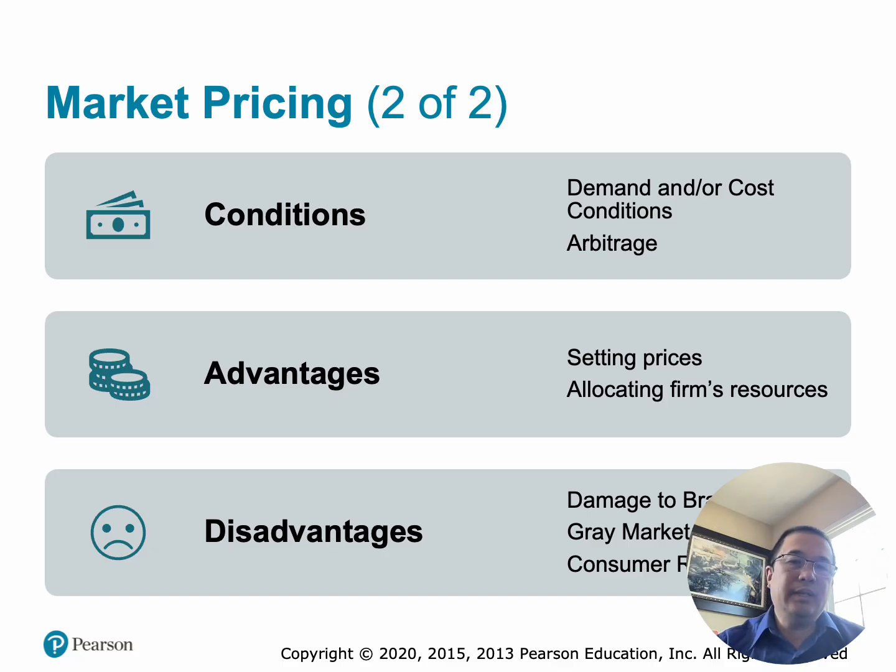This discusses when market pricing works, its benefits, and its risks in international business. Recall that market pricing means charging different prices in different countries or markets based on local demand, competition, cost, and customer purchasing power. Number 1, conditions for market pricing. For market pricing to be successful, certain conditions must exist.